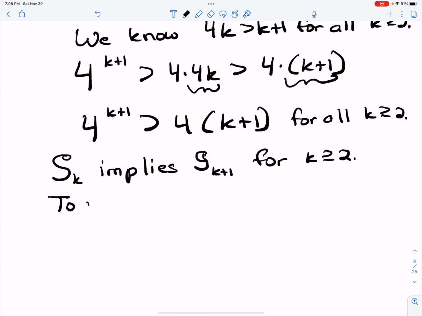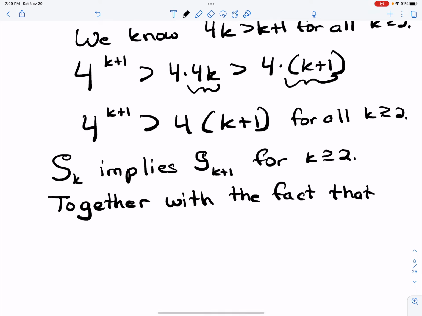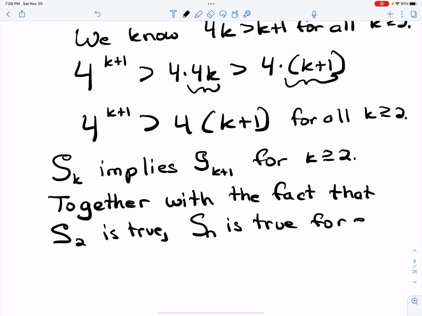So together with the fact that S sub 2 is true, S sub n is true for every value of n greater than or equal to 2. There you go.